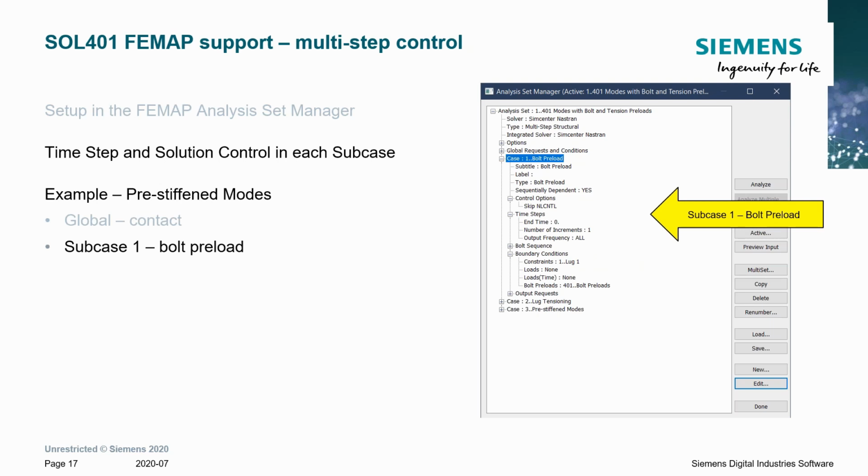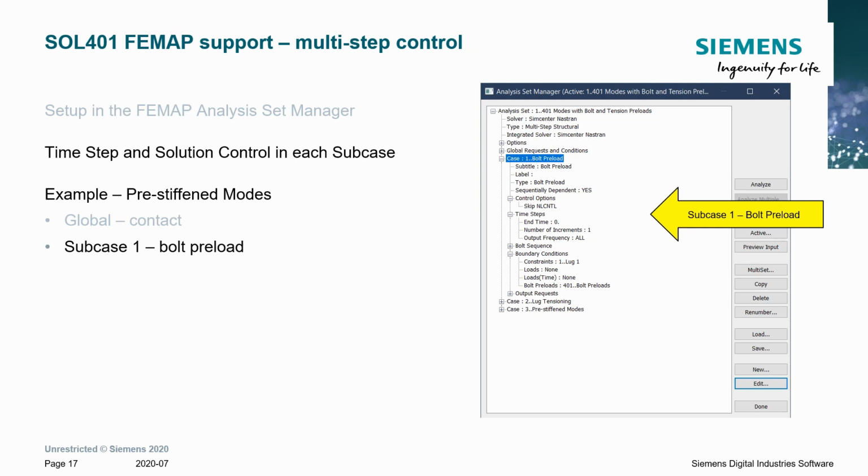Now in subcase 2, I'm setting up a bolt preload. In this case, there's something to note when I'm doing a bolt preload under control options, and I'll show the control options dialog box. I set up something called skip the nonlinear controls. So this is all handled through the bolt sequence.